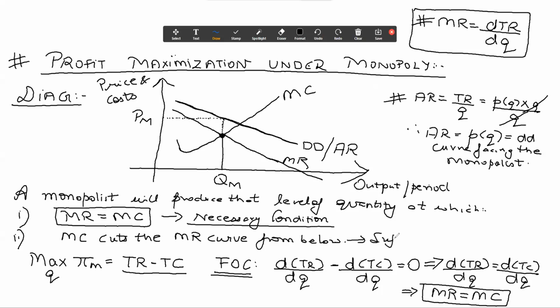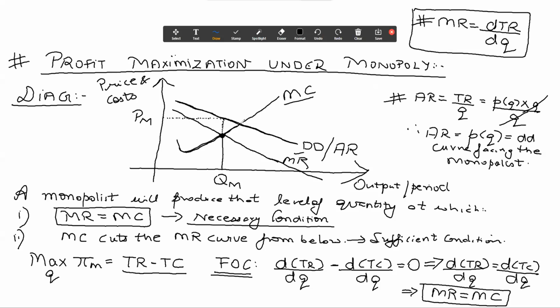The sufficient condition is that the MC curve should cut the MR curve from below. You can see the MC curve is cutting the MR curve from below. That is the sufficient condition for profit maximization of the monopolist.